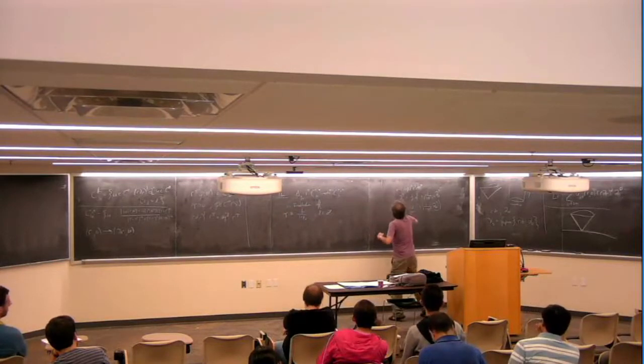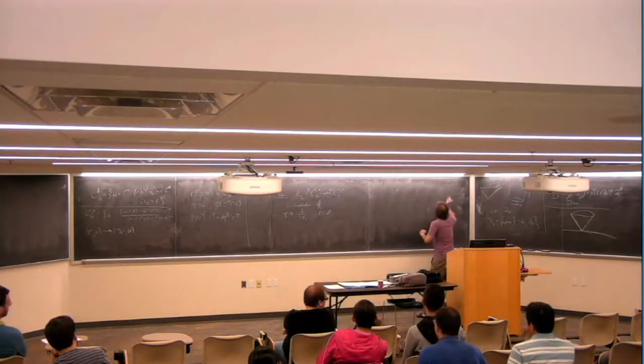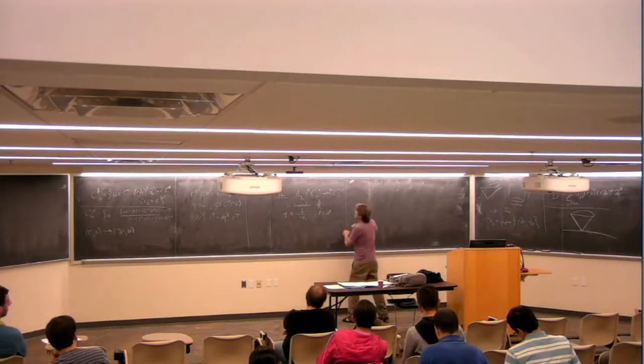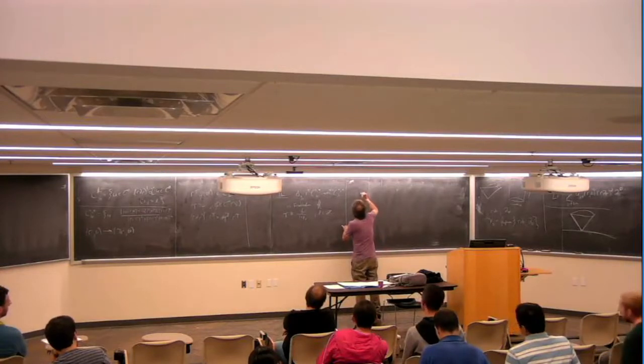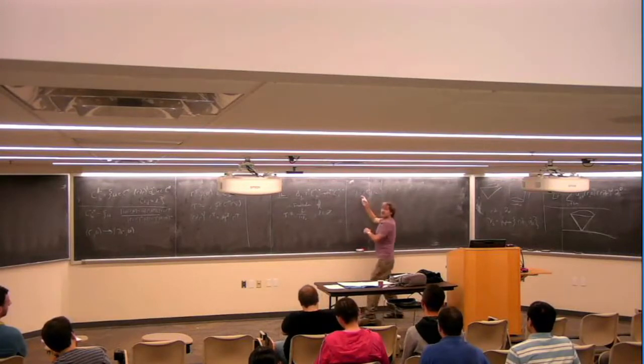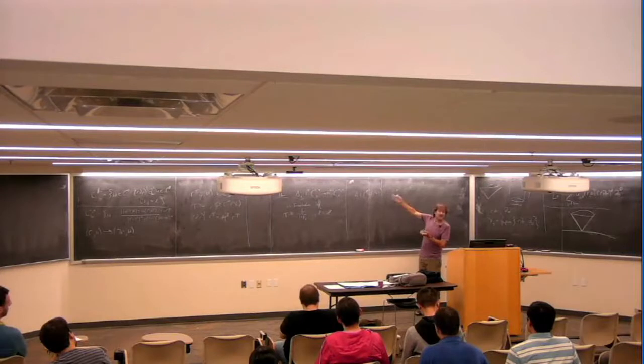So the answer is that I look at this operator, the Laplacian, acting on r to the gamma times phi of theta. Suppose I just let it act on a function that happens to separate like that.